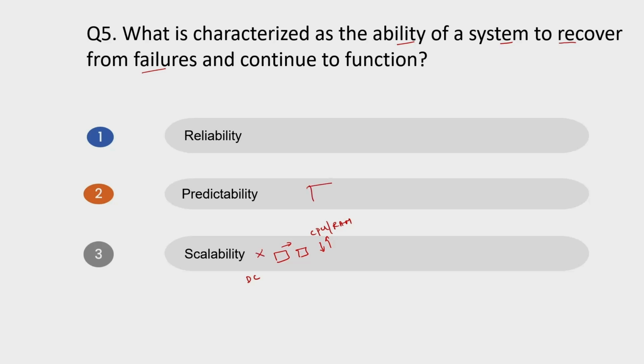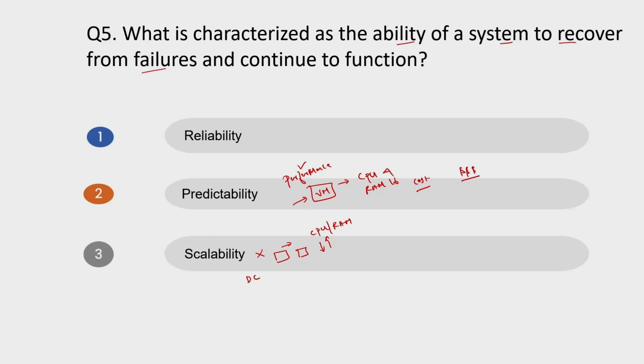Predictability. If I have a virtual machine and I know this virtual machine has 4 cores of CPU and 16 GB of RAM, I know that this particular virtual machine is going to give certain performance. I can predict performance, and also for the same virtual machine, I can predict the cost.